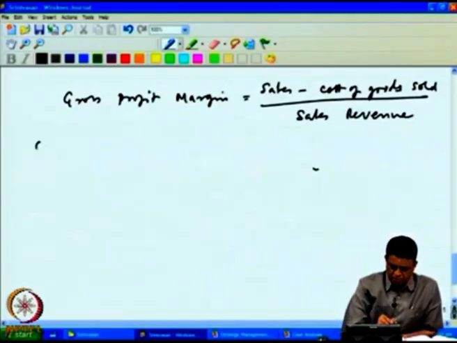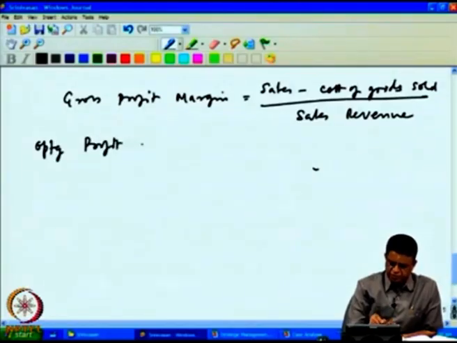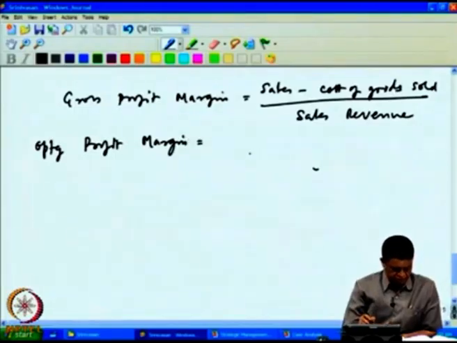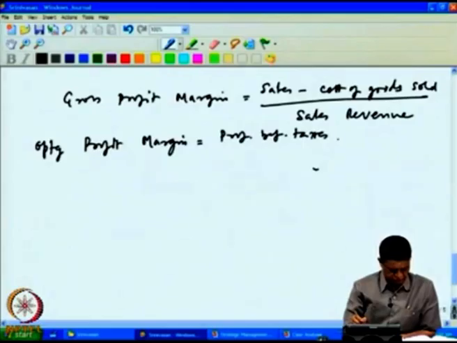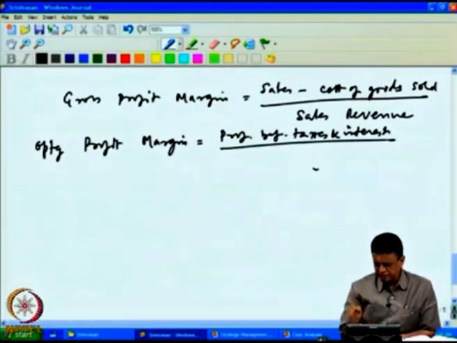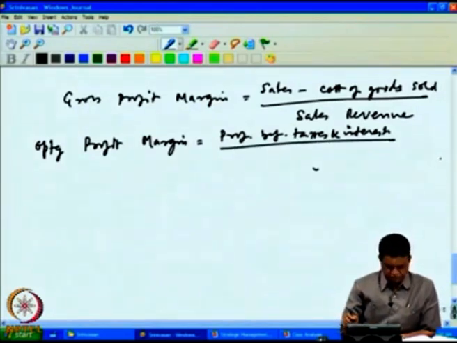Then what is the operating profit margin? How do you calculate this operating profit margin? The operating profit margin is nothing but profit before taxes and interest, divided by sales revenue.